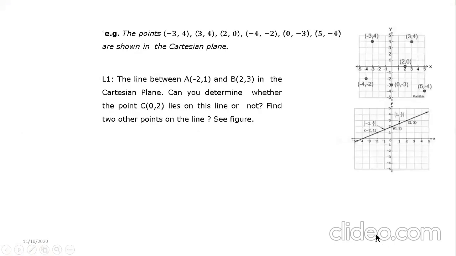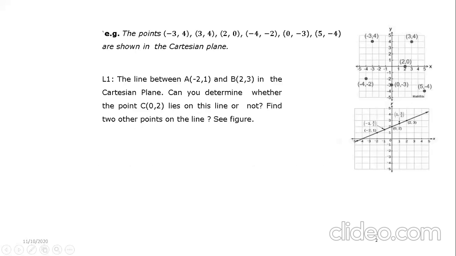For example, these points, negative 3 and 4, 3 and 4, 2 and 0, negative 4 and negative 2, 0 and negative 3, 5 and negative 4 are shown in the Cartesian plane. The first point, negative 3 and 4, we move in the negative direction of x, negative 3, and we move plus 4 in the positive y.